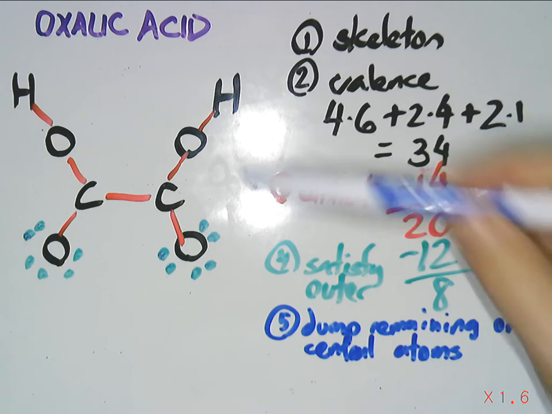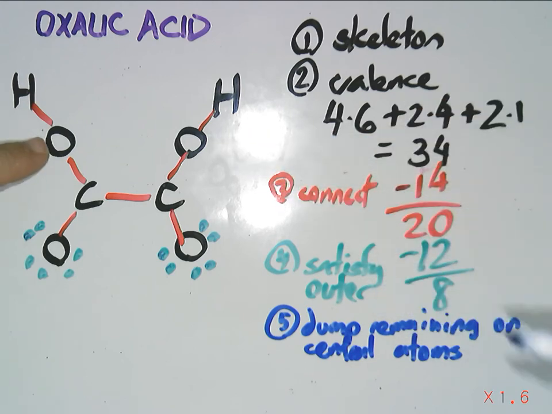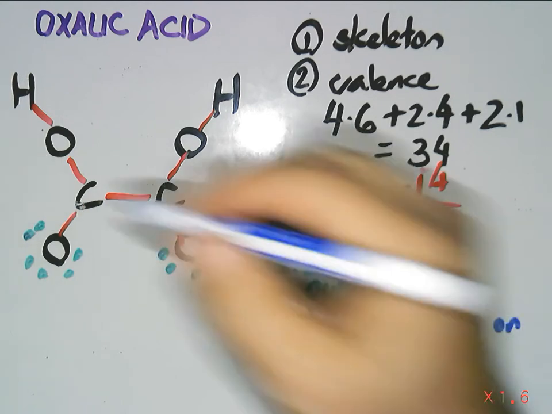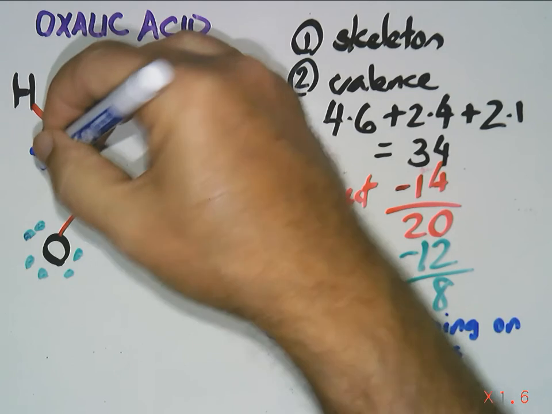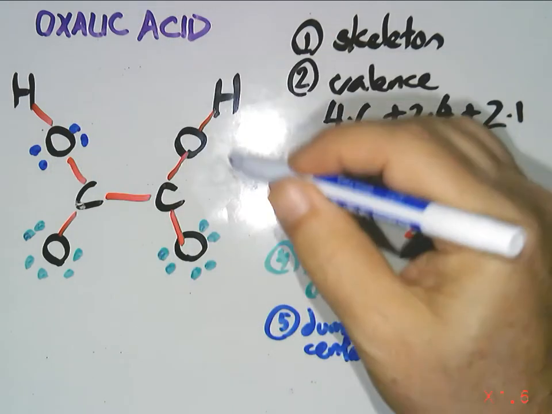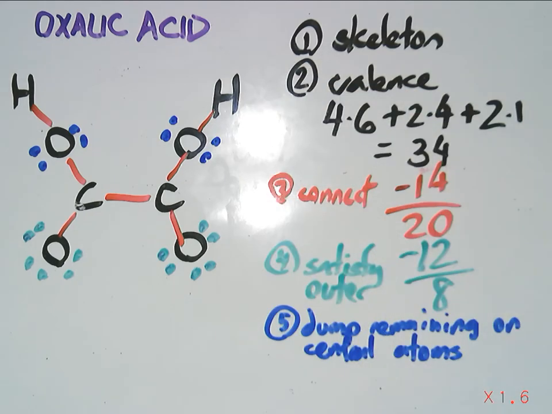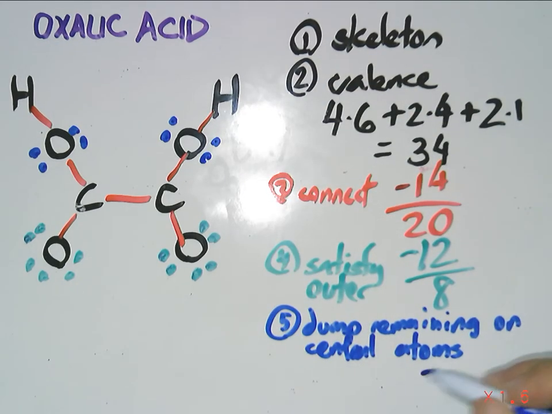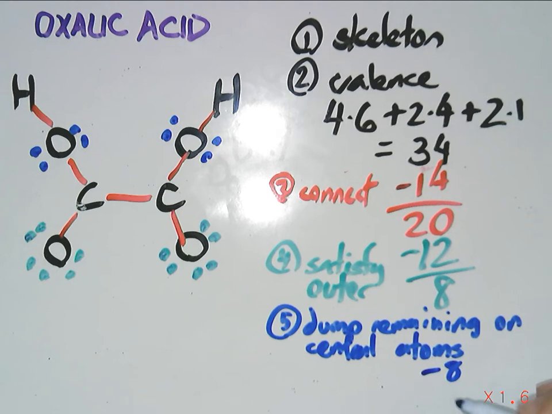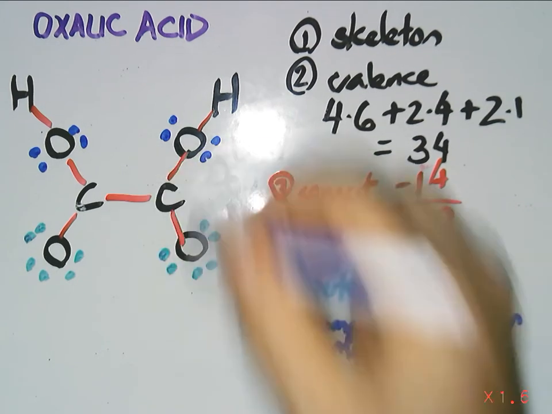I'm going to start with the neediest central atoms first. These oxygens need 4 more, and these only need 2 more. So I'm going to start trying to satisfy the oxygens. This one needs 1, 2, 3, 4 more. 5, 6, 7, 8. And I have used up my remaining electrons there. I have no more to satisfy these.